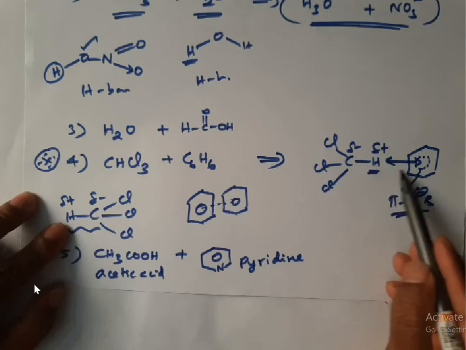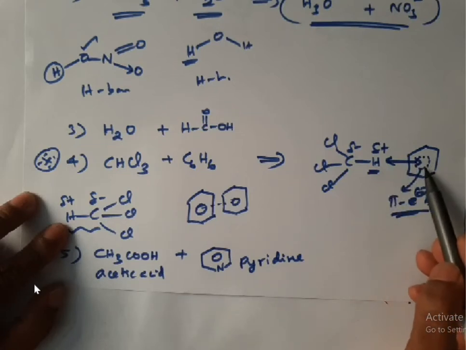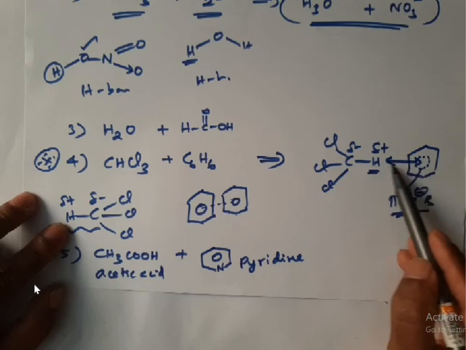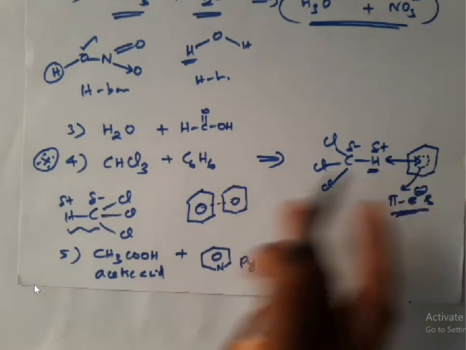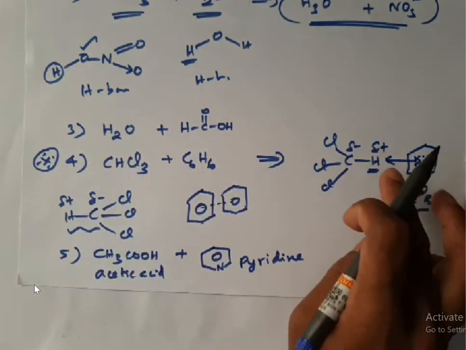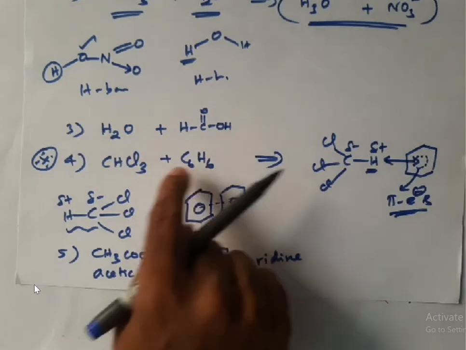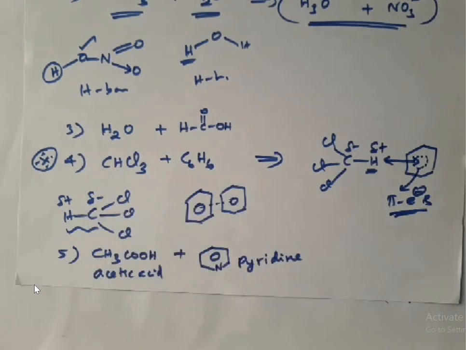Students, see this, because I have the pi electron cloud. Electron means negative, right? And this is positive, so there is an attraction. This attraction is stronger compared to the attraction in chloroform. Therefore, you will get a solution with negative deviation. It's a very nice example actually.